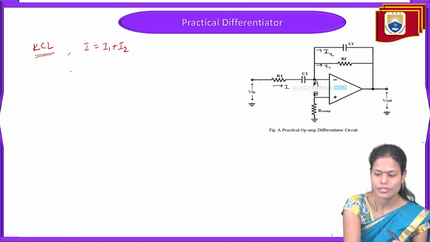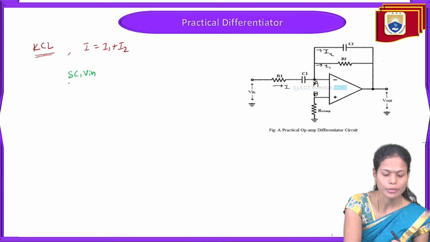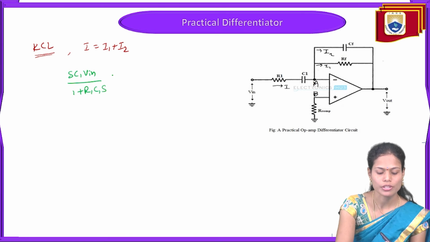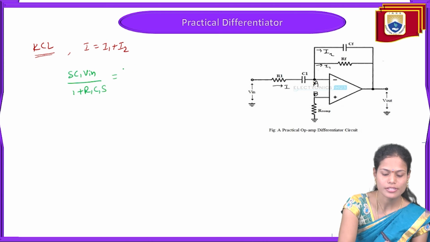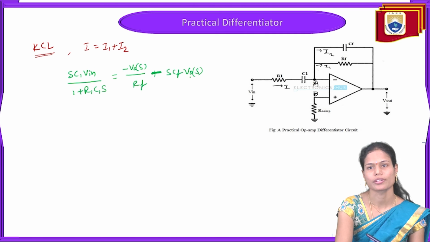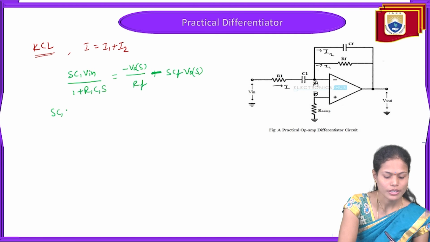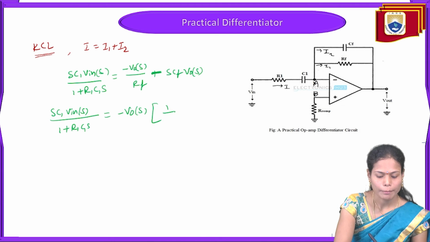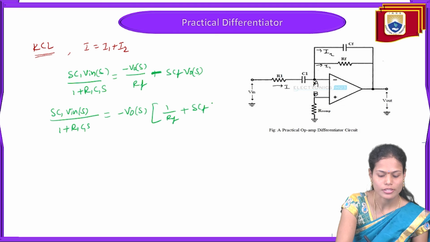I value is S C1 Vin by 1 plus R1 C1 S, which is equal to I1 current, minus V0 of S divided by RF, plus minus SCF V0 of S. So SC1 Vin by 1 plus R1 C1 S is equal to, if we take V0 of S common, 1 by RF plus SCF.